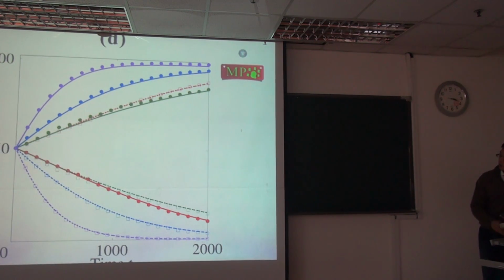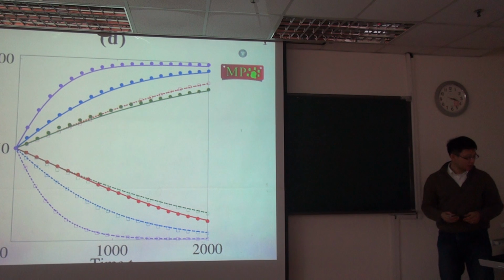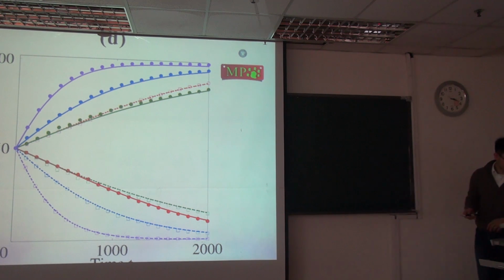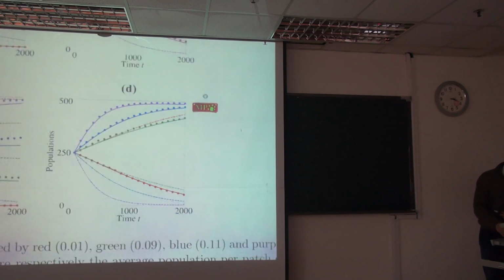And for the mean field model, we monitor the average population as a function of time of species X and Y. I don't have time to talk about each of the curves, but as you can see, our prediction, which is a solid line, explains what happens for the discrete markers, which are the simulations, quite remarkably well.